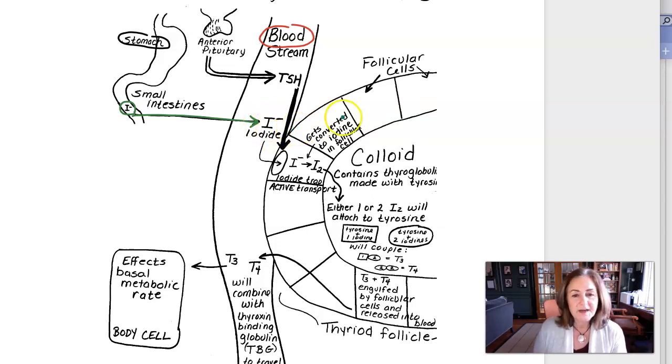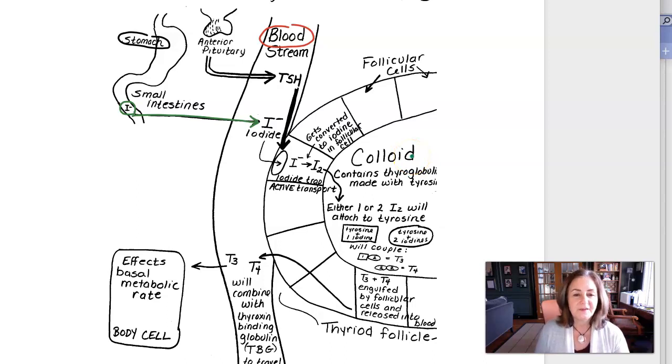Then here in the picture, I'm drawing a single follicle. So here's a thyroid follicle, a gigantic one, with its rich blood supply going by. Here are the follicular cells, our single layer of cube-shaped cells. And here's the colloid, that protein-rich fluid inside of the follicle.